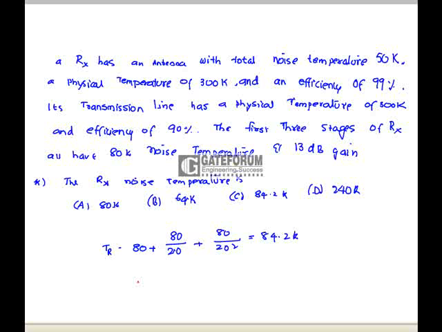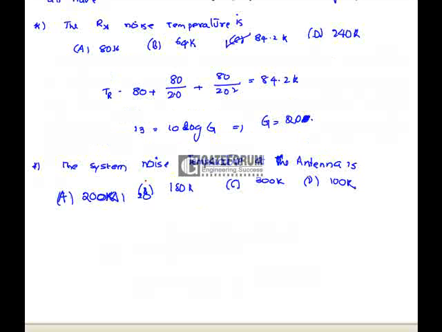Here gain is given in dB, so 13 is equal to 10 log G, which means G is approximately equal to 20. So C is correct.